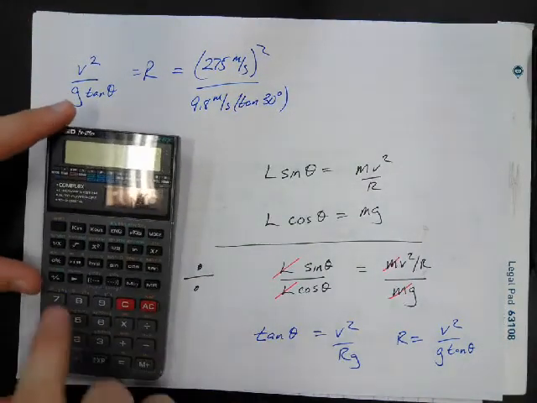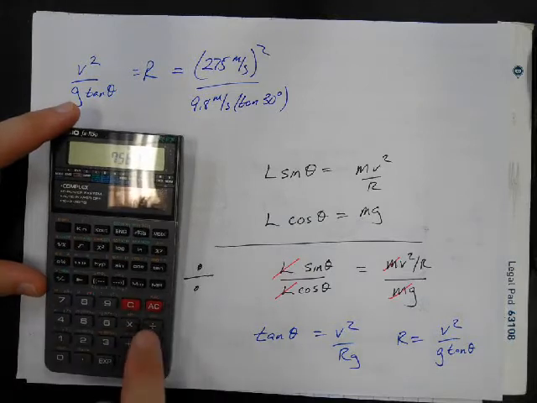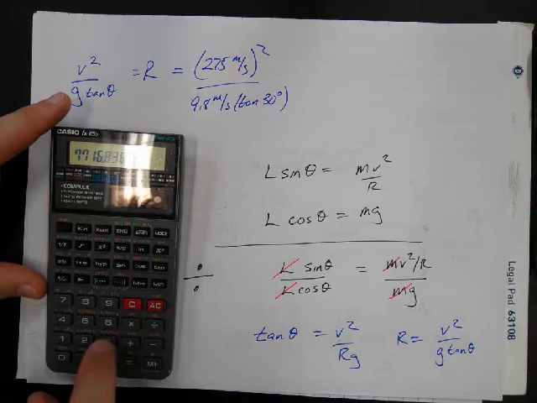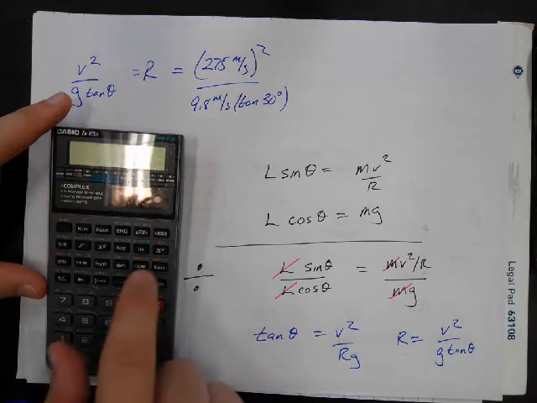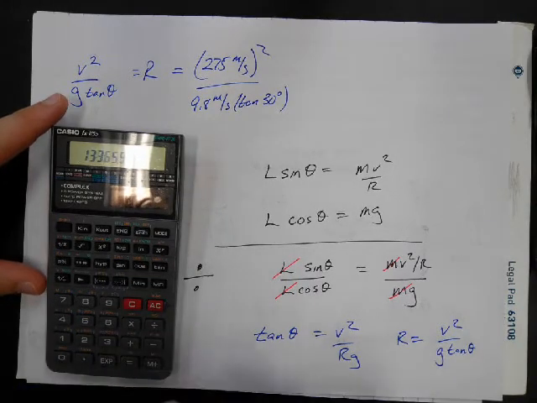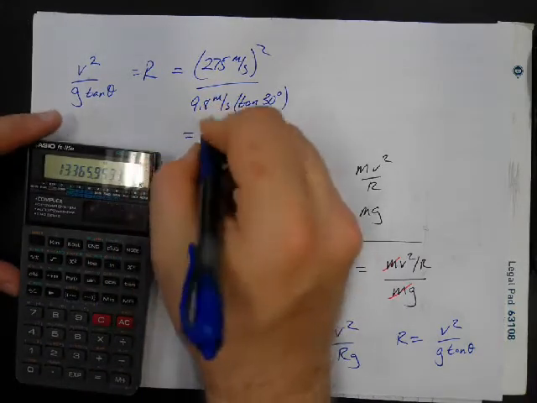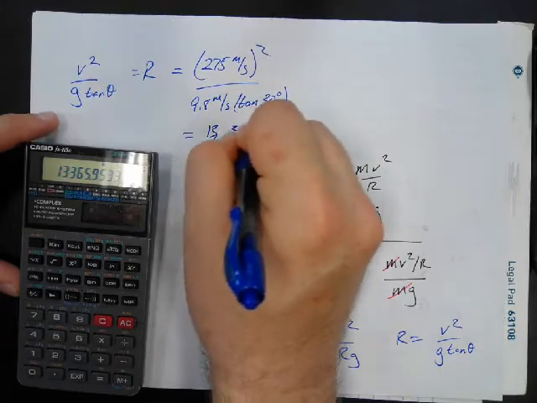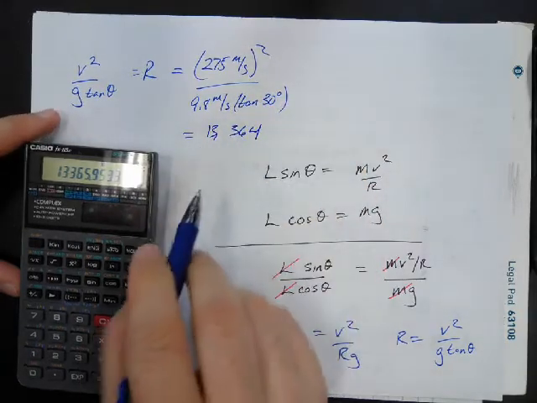So 275 squared divided by 9.8, and we divide by tangent of 30. And what we get is 1.3364. And now we've got to figure out the units.